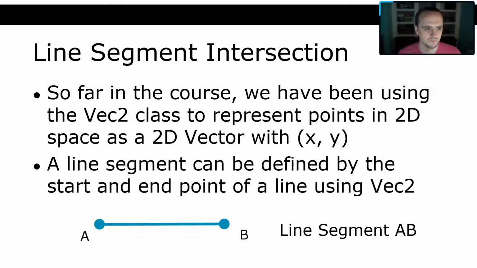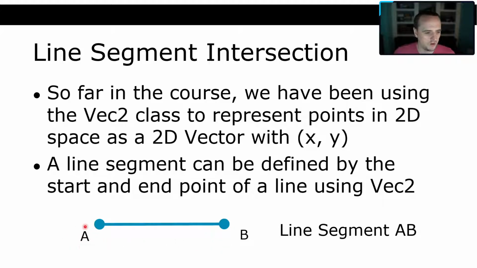So how are we going to do that? So far in this course, we've been using the vec2 class to represent points in 2D, as a 2D vector with x and y components. So if we're talking about line segments now, a line segment can be defined by the start and end points of a line using vec2. So what do I mean by that?